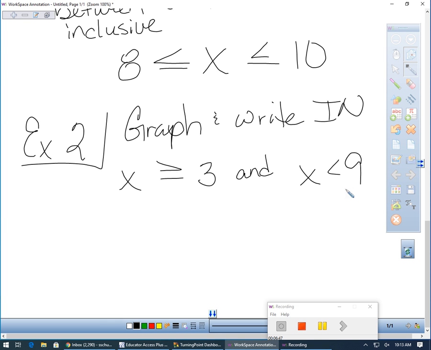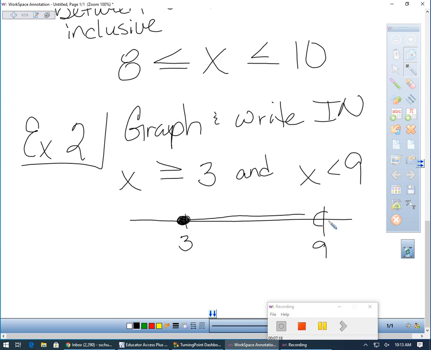So first of all, you heard the word and in the middle, which means your solutions have to be sandwiched in the middle, right? That should automatically click as soon as you hear that. So let's graph this. I'm going to start at 3. Do I have an open or closed dot at 3? Closed. Very good. Closed. And x is greater than, so it's going that way. At 9, x is less than 9. Do I have an open or closed dot?